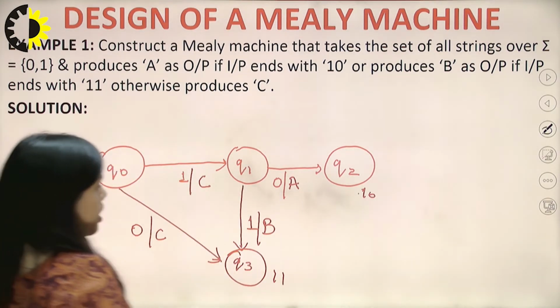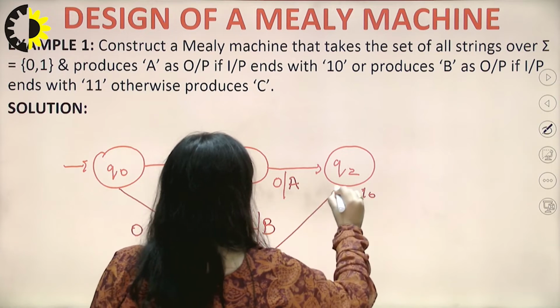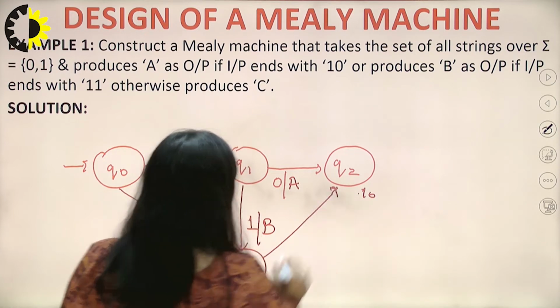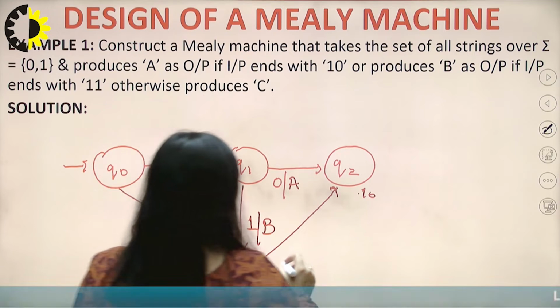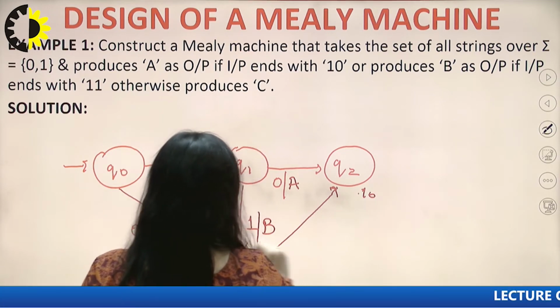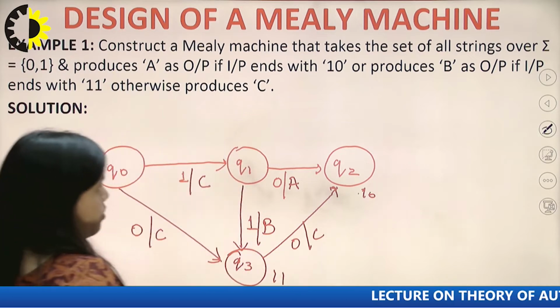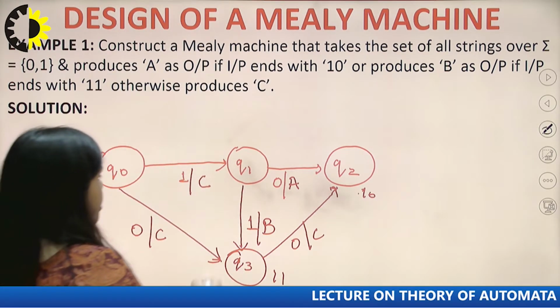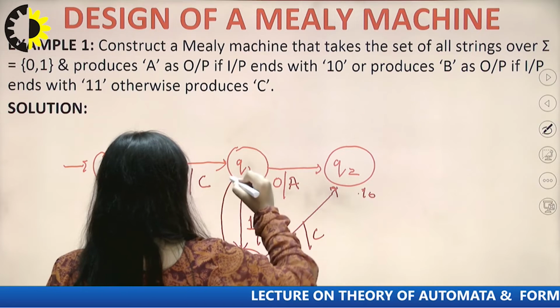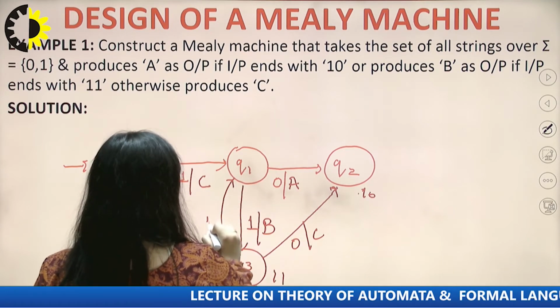Now with Q3, what do we do? Take it as 0, it will return C because we are not getting anything, and we can give it 1.